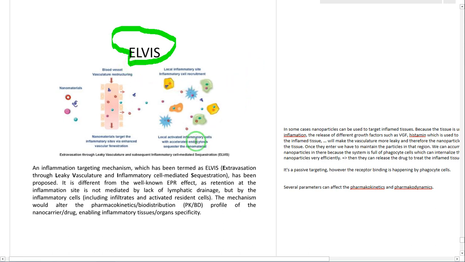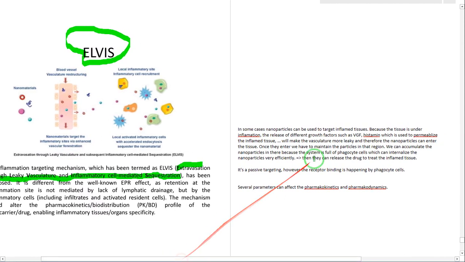Well, ELVIS is the extravasation through leaky vasculature and inflammatory cell-mediated sequestration. It simply tells us that when a tissue is inflamed, different growth factors and histamine will be released, and because of that the tissue is going to be more permeable.